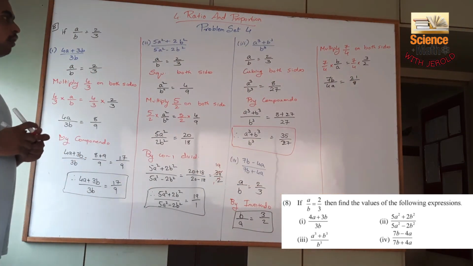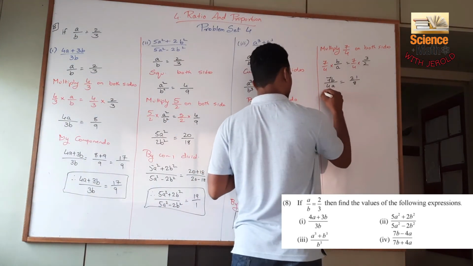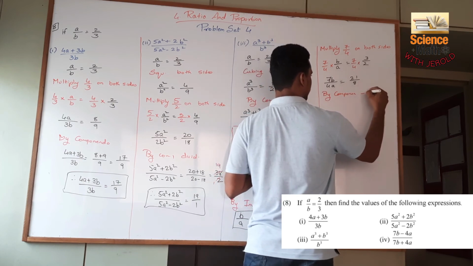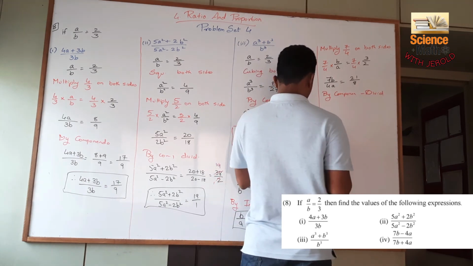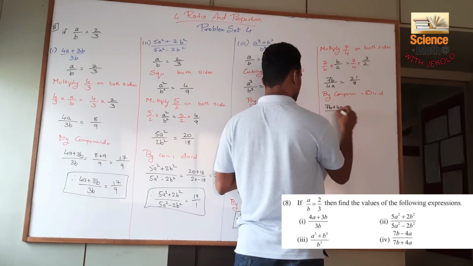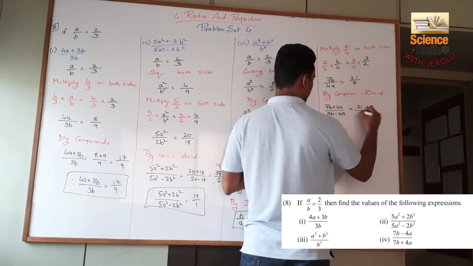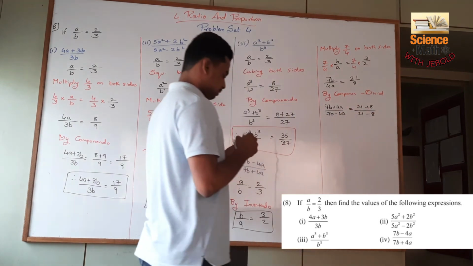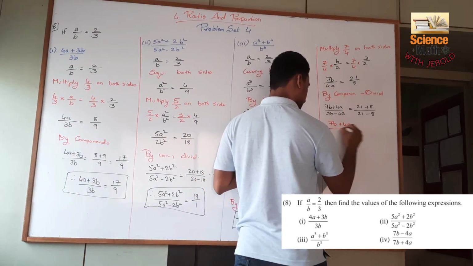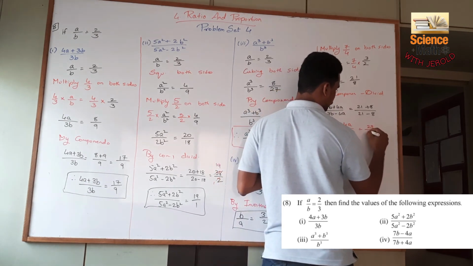Now for, you can see plus and minus, so simple, by componendo dividendo, what I will get? (7b plus 4a) upon (7b minus 4a) is equal to (21 plus 8) and (21 minus 8). (7b plus 4a) upon (7b minus 4a) is equal to 29 upon 13.